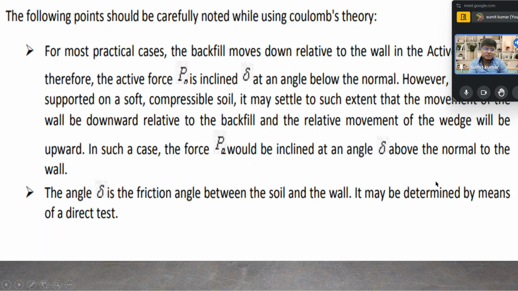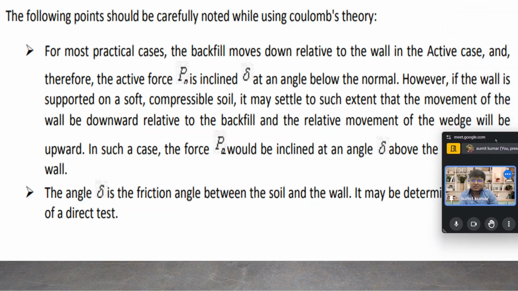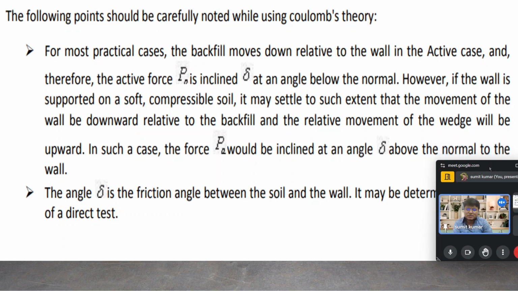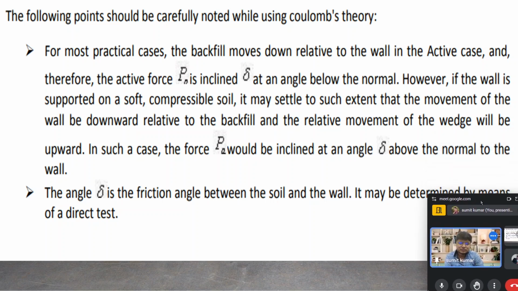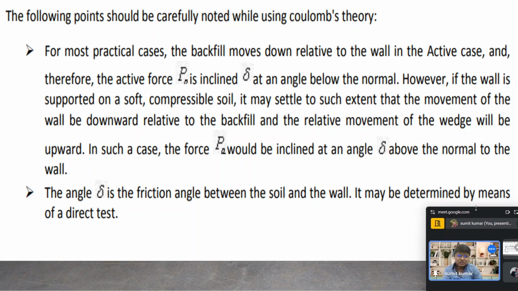Some of the important points one needs to take care of: for most practical cases the backfill moves down relative to the wall in the active case, and therefore the active force is inclined at angle delta below the normal.